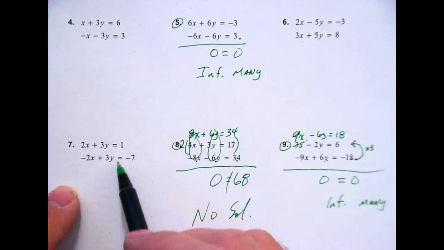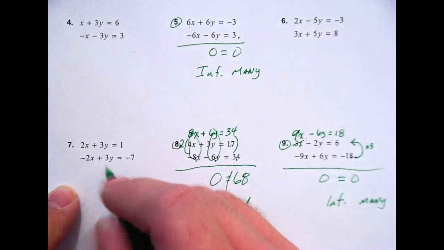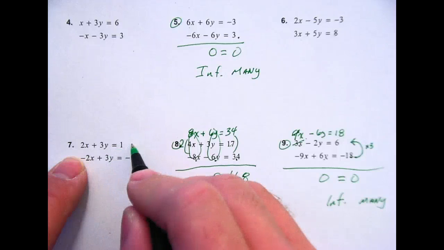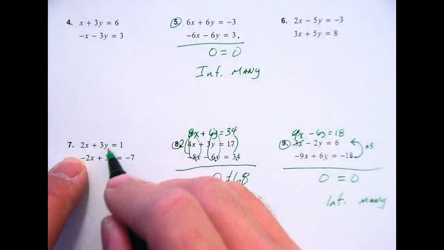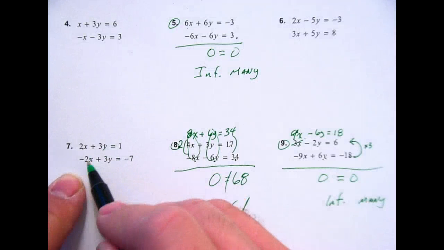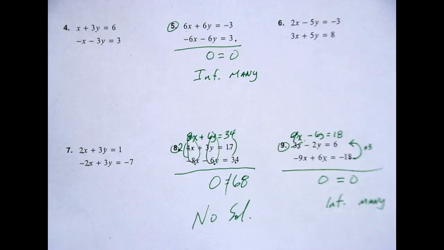So when I move this 2x over, it becomes positive 2x, right? And then I divide by 3 here. When I move that 2x over, it becomes negative 2x divided by 3. So these aren't the same right now. That's a positive 2 and that's a negative 2. So this one is not going to have the same slope. They'd have to be opposite coefficients.